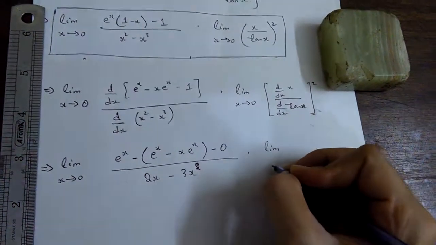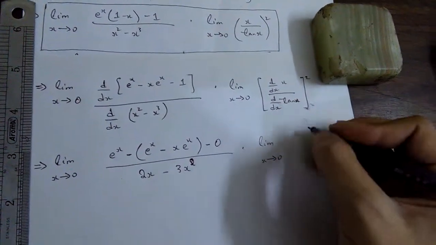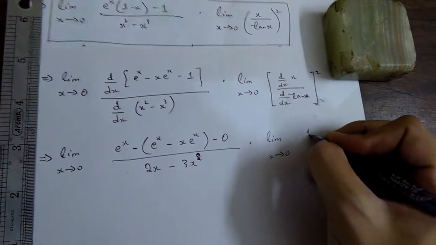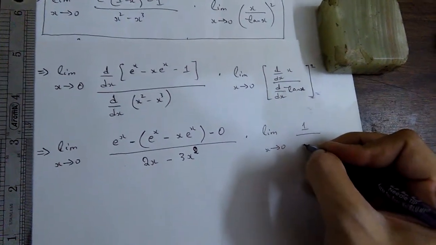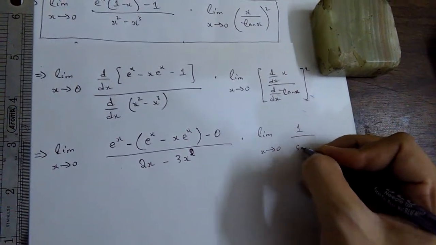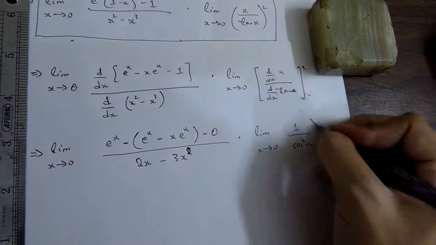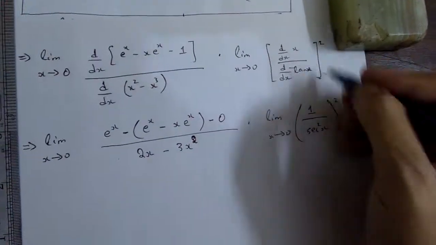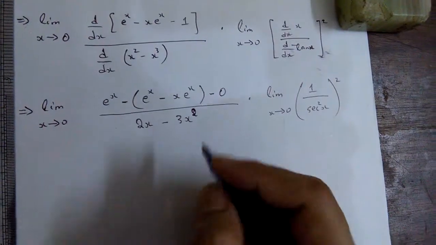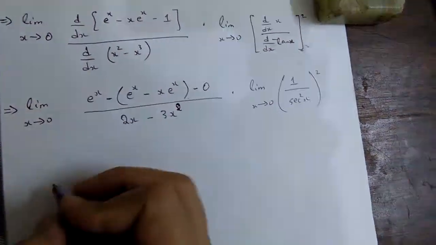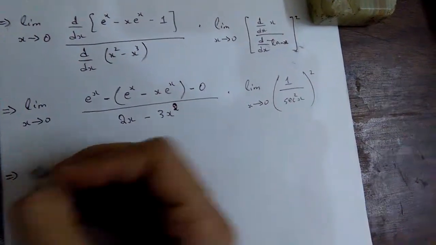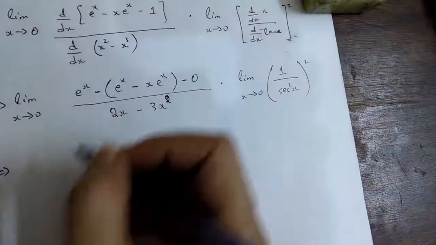And here the derivative of my x is 1, the derivative of my tangent of x is secant squared x, whole square. Okay, that's it. Now let us apply the limit. Now before applying the limit, let us try to simplify this portion.